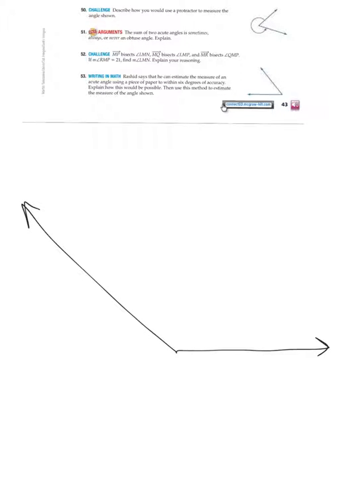So if MP is bisecting LMN, then here's LMN. And I've got to put MP in here to bisect that. So up here is P, and I have just bisected, so those two are the same. Okay, now we've taken care of that piece of information.